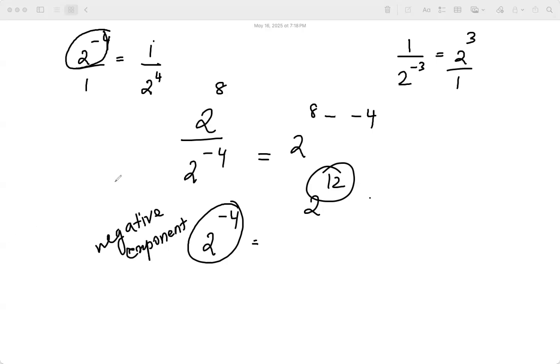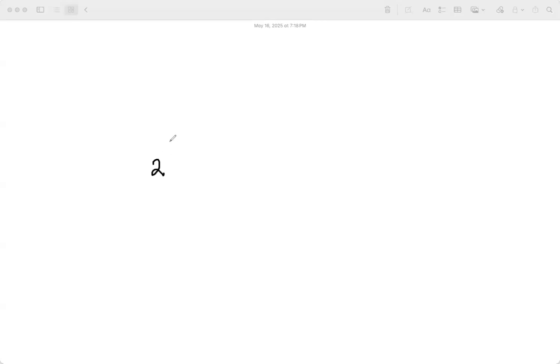Okay, Viraj, are you following? Yeah. How about this? 2 power of x times 3 power of x times 5 power of x. See, here the bases are different, but the exponents are all the same. So I can clearly write it out as 2 times 3 times 5 whole power of x, because that's the same.